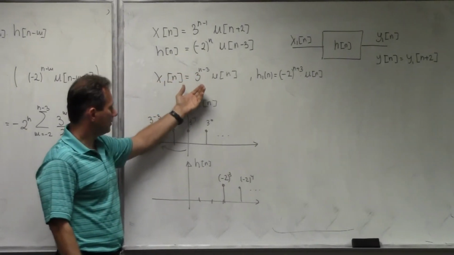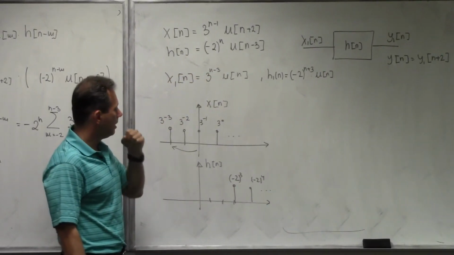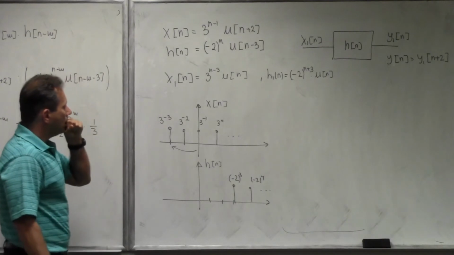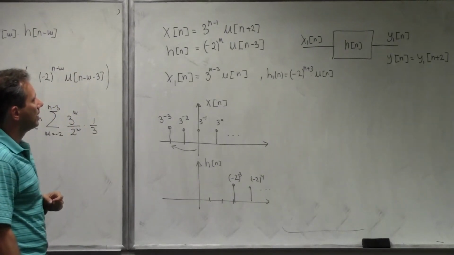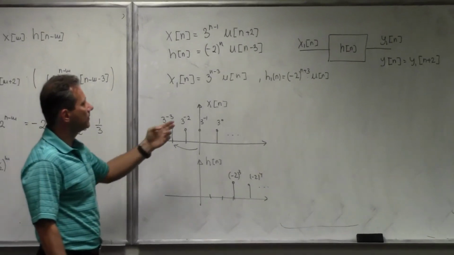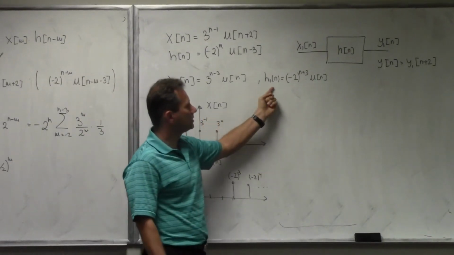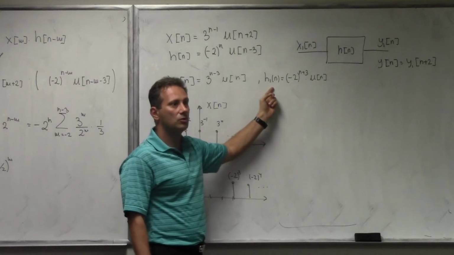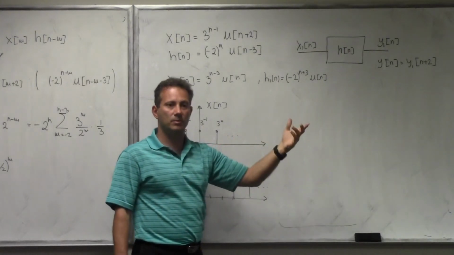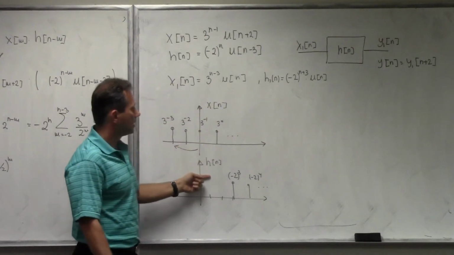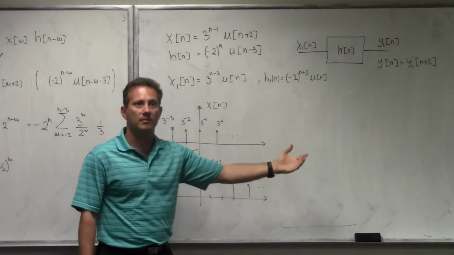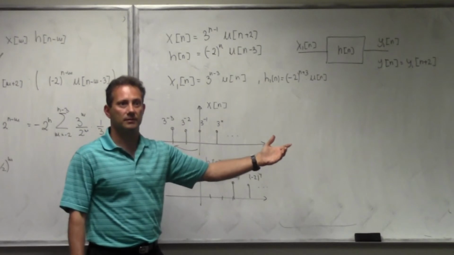It is just advanced in time by 3. So if I determine the output of this system to the input, then the output of the original system I would get by delaying that by 3, right?